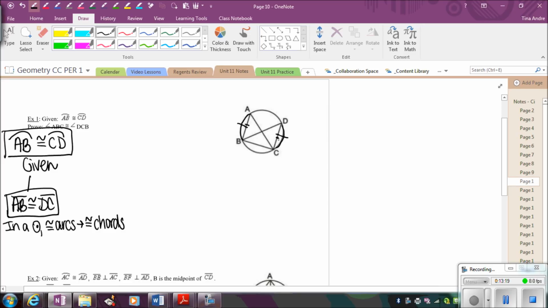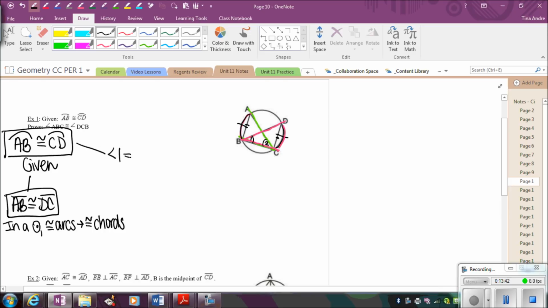And then I said, well, what about angle B, the angle with the vertex at B, and angle ACB? Those both cut into these congruent arcs. So since those are both inscribed angles, I'm going to call them angles 1 and 2, those have to be congruent. So I can go ahead and mention that now.